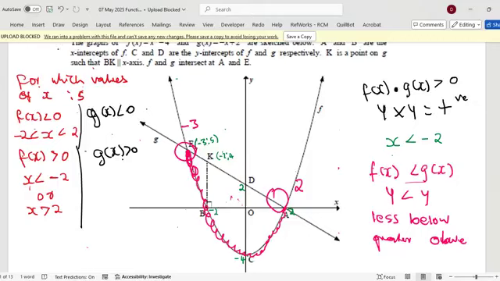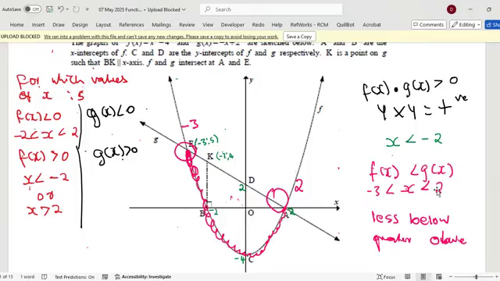Then how do I write the answer? I said between, so my answer must be in between. I must remember the answer is x, but you are directed by y. So my answer is x because it's in between, so it's between -3 and +2.